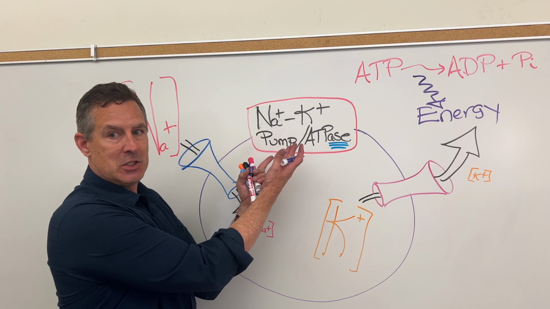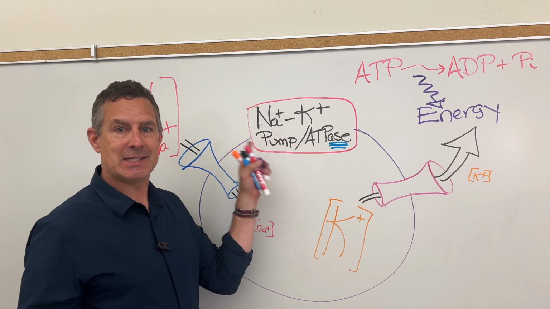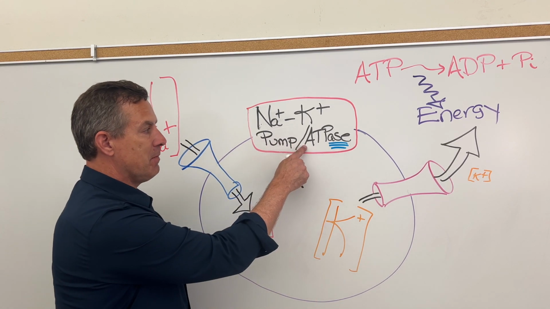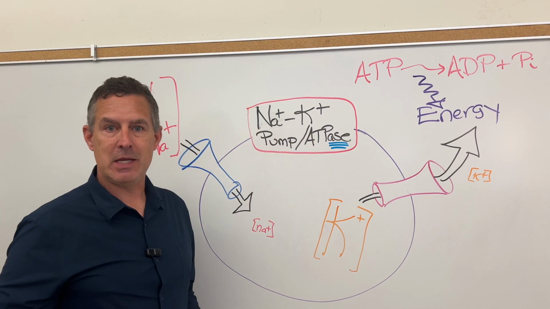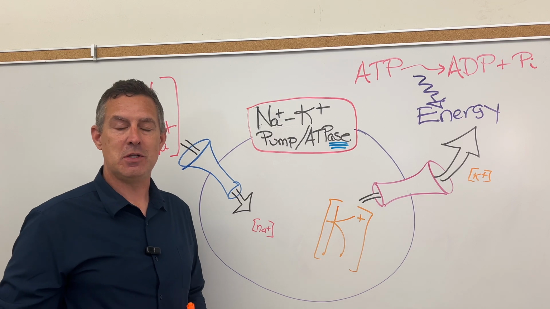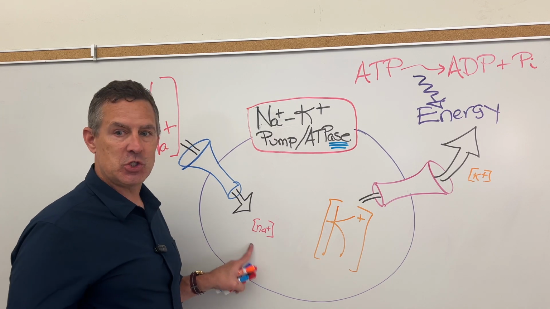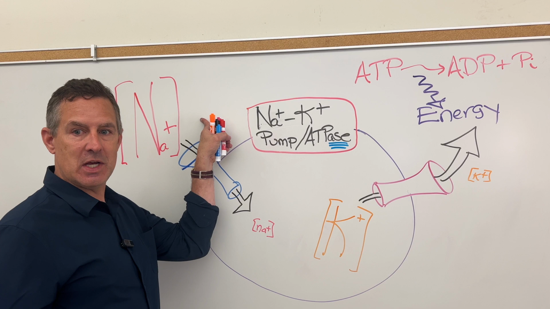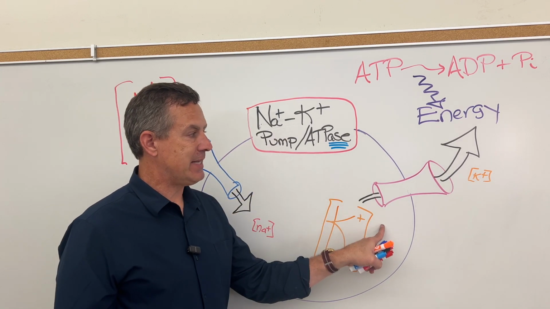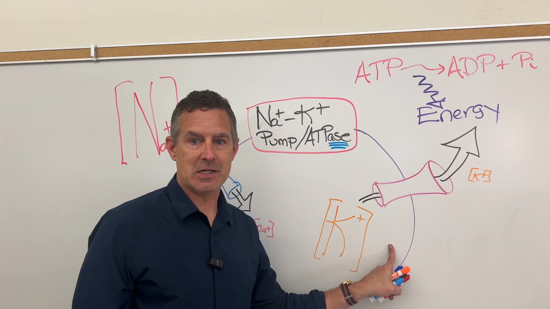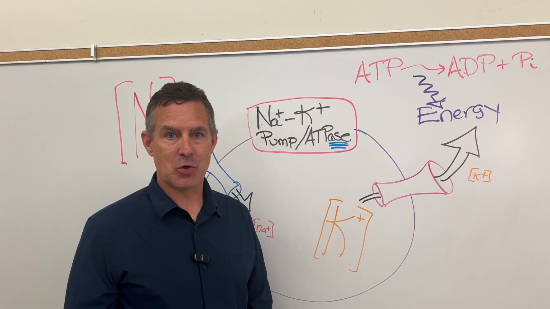So back to this protein right here, the sodium-potassium pump. The sodium-potassium pump is going to break down ATP, and that energy is going to be used to push sodium back out of the cell against its electrochemical gradient, and potassium back into the cell against its electrochemical gradient.